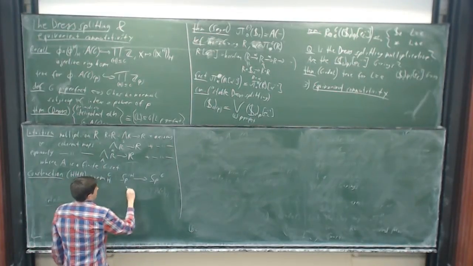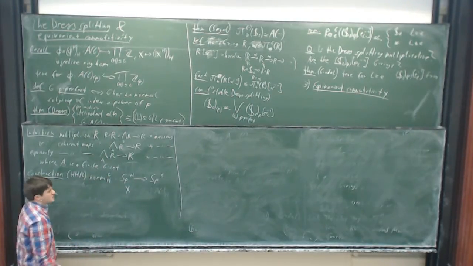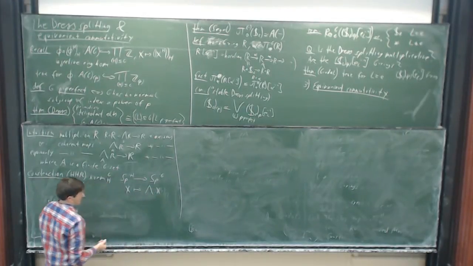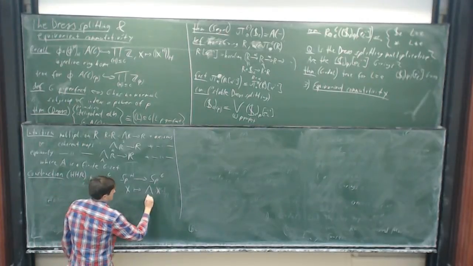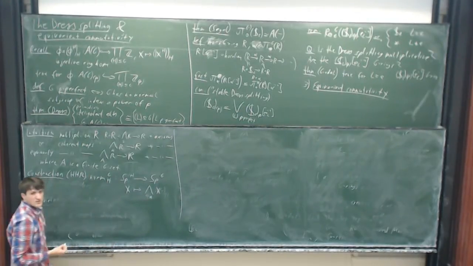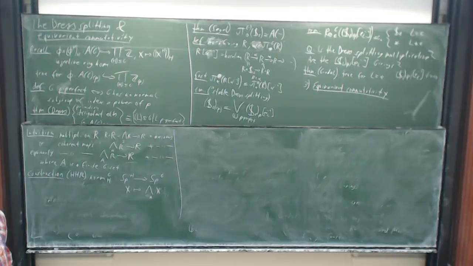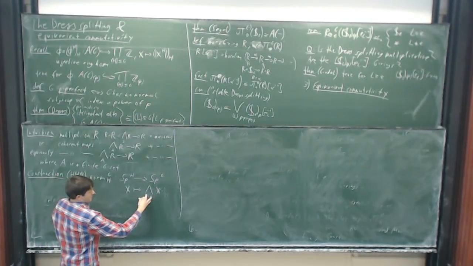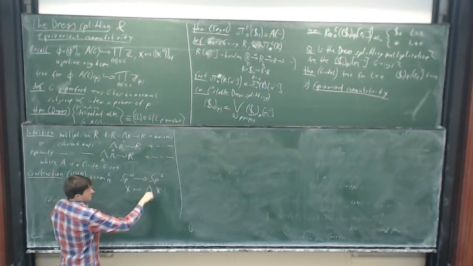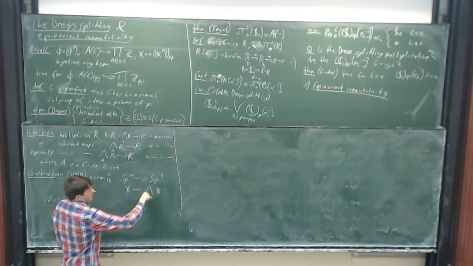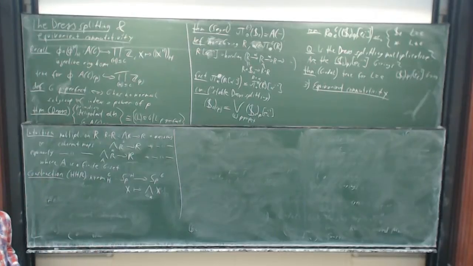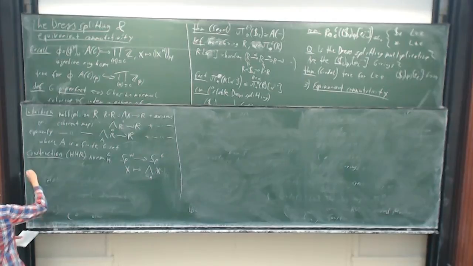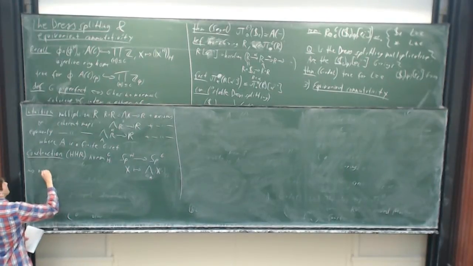The idea is that if you have an H spectrum X, you send it to the smash product of X with itself, where as an indexing set you take G mod H. And then if you want to act by an element in G, you will have some part of it in the cosets here that permutes the cosets, and some H part of it that will act on X. And you can use this to define a norm on homotopy groups.